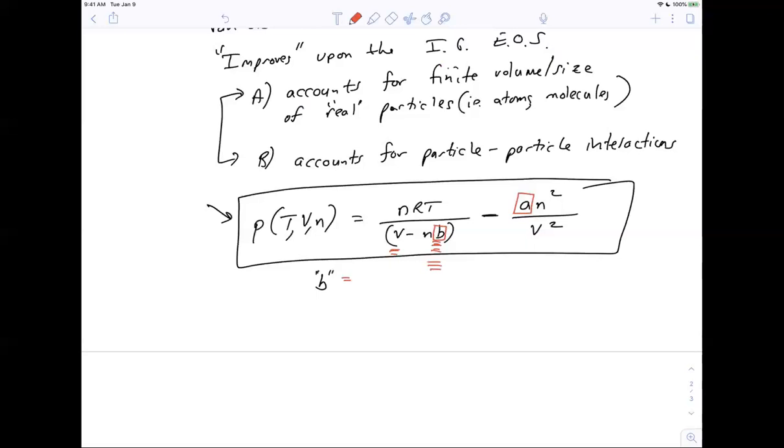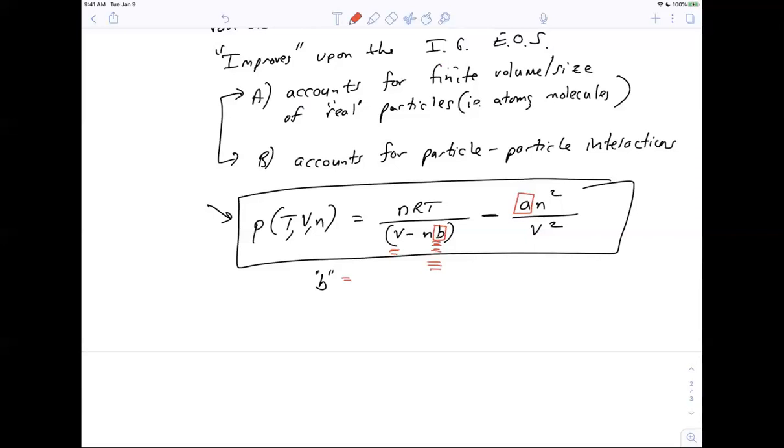So B is a volume parameter per particle. And if you multiply it by the number of moles, n, essentially you have the volume that's taken up by the particles in the system. So V is the volume of the system. Let's say you have a container, that would be the total volume of the container.